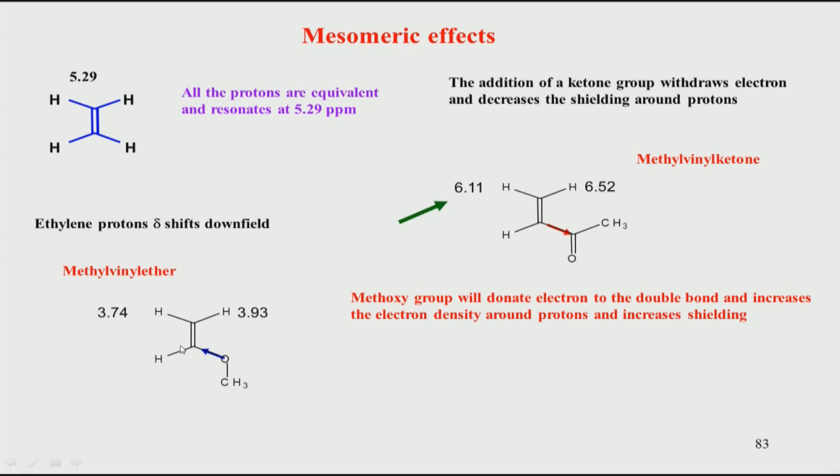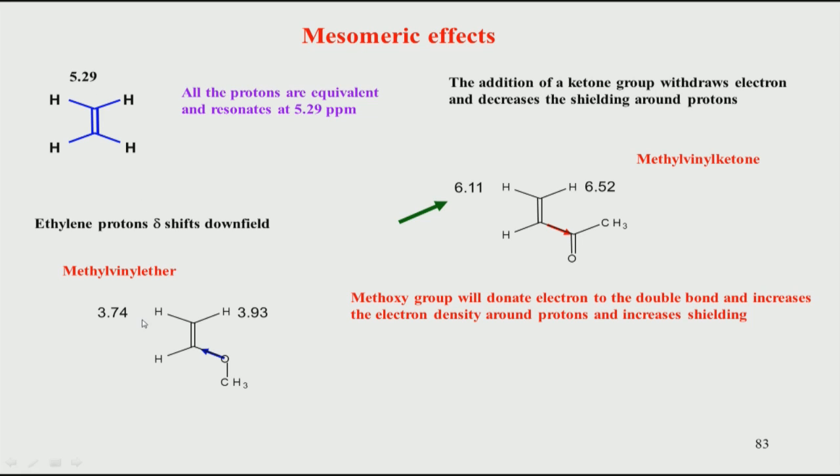Because of the electron donation, the electron cloud density around this carbon increases, which in turn affects the electron density around these hydrogens, because they are also pushed towards higher electron density. Remember again, higher electron density means shielding, lower electron density means de-shielding. Because of the higher electron density around this hydrogen, it has become upfield shifted compared to the original 5.3 ppm.